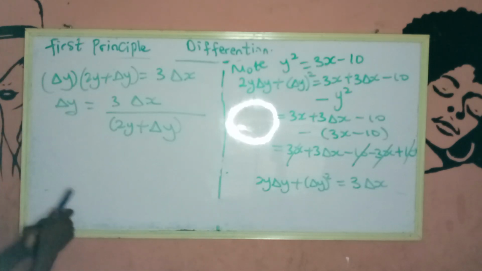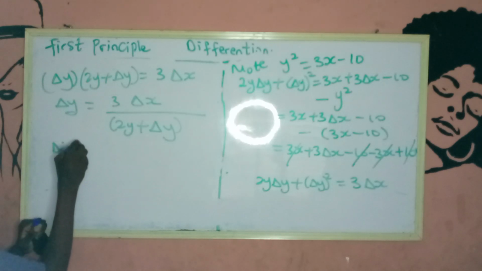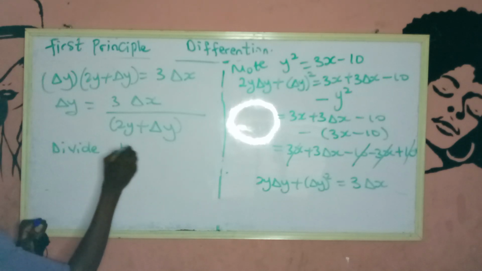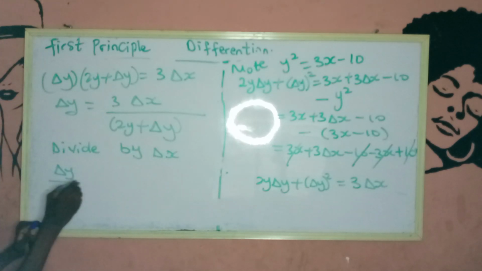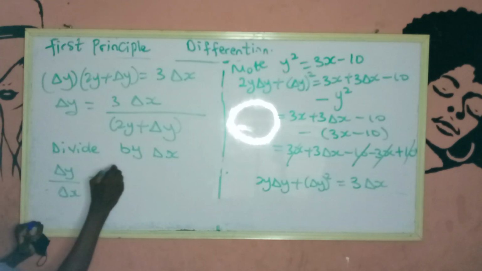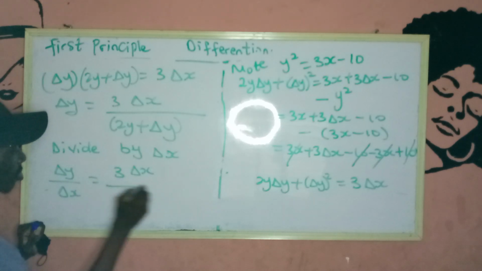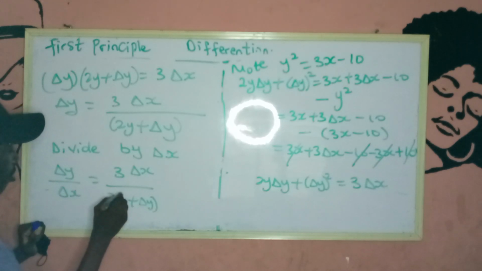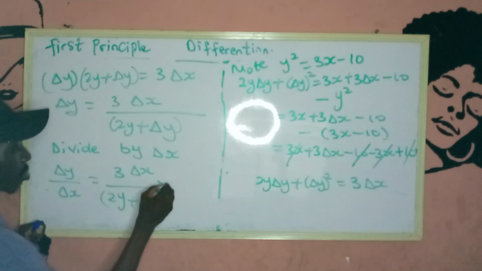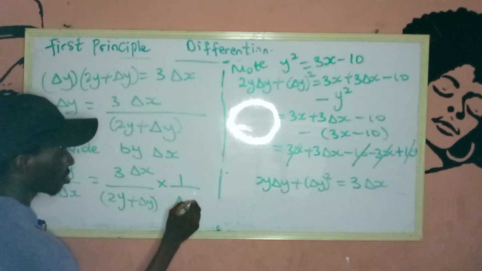Next step I'll be doing is divide by change in x. So that will be change in y over change in x equal to 3 change in x over 2y plus change in y, times 1 over change in x.